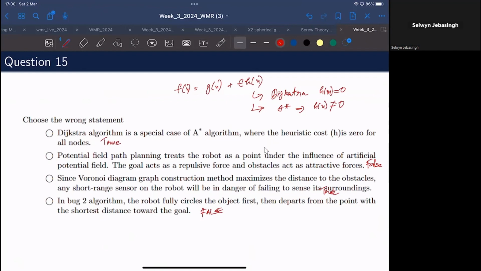It only contours the obstacle, but once it has a line of sight towards the goal, it will immediately depart. So the question asks you to select the wrong statement, and option B and option D are wrong. So the correct answer to the question is option B and option D.